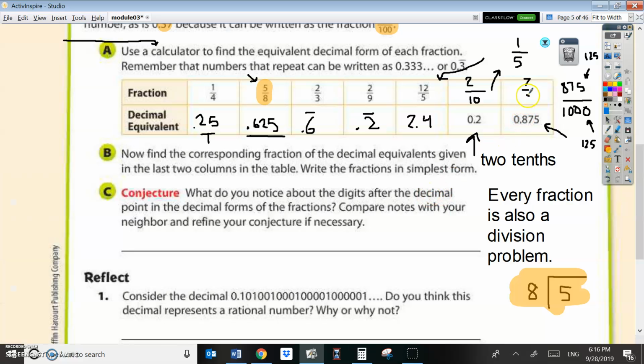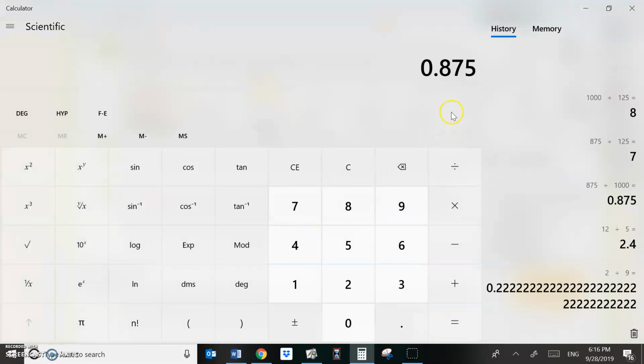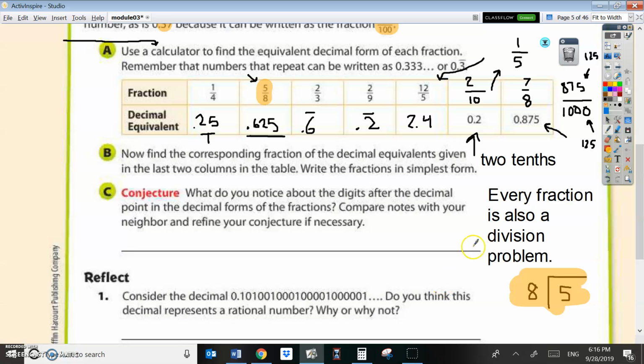So this is 7/8. If you do 7 divided by 8, you get 0.875. That's the same as 875 divided by 1,000, because these are equivalent fractions. They equal each other.